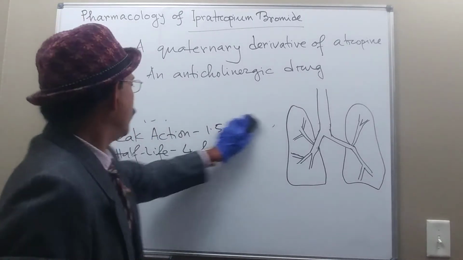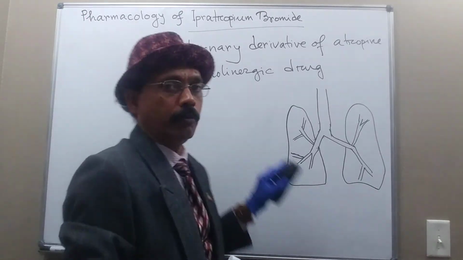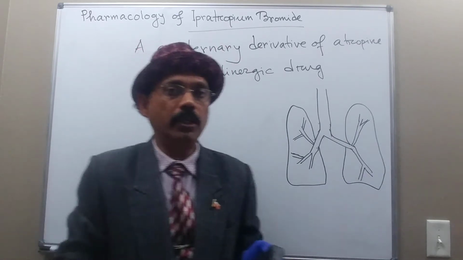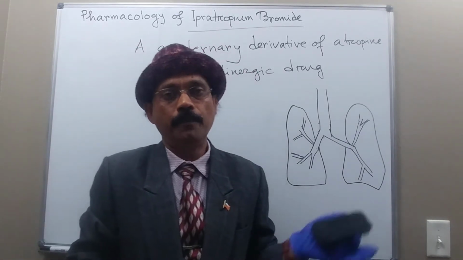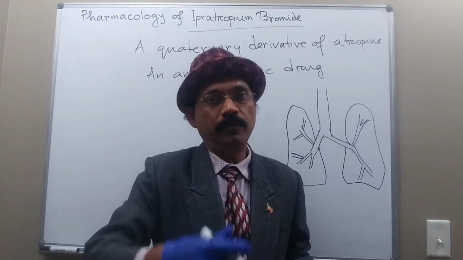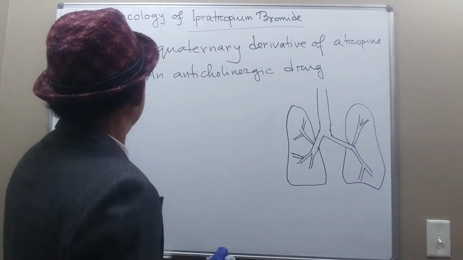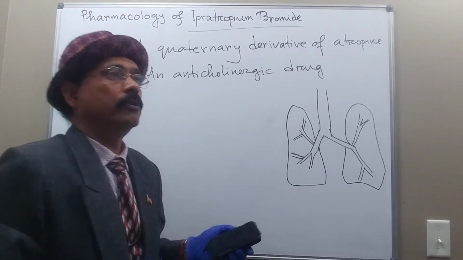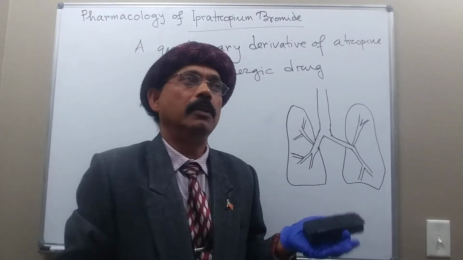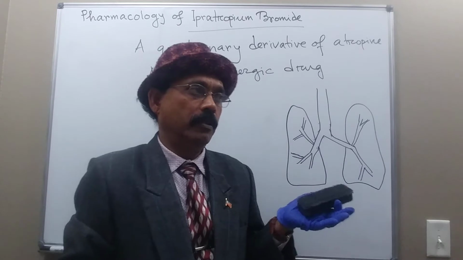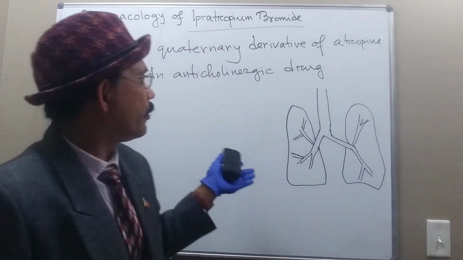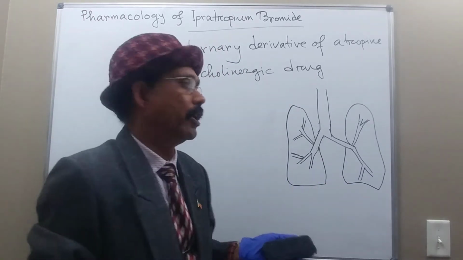Its action is a little bit slower than that of the beta agonist, like salbutamol. It needs at least 15 minutes to come into action. Okay, we got that. So we got the mode of action, indication, and the difference between that and salbutamol.